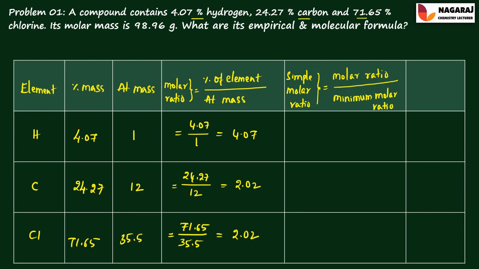That is, for hydrogen, it is 4.07 divided by the minimum molar ratio. The minimum molar ratio is 2.02, right?